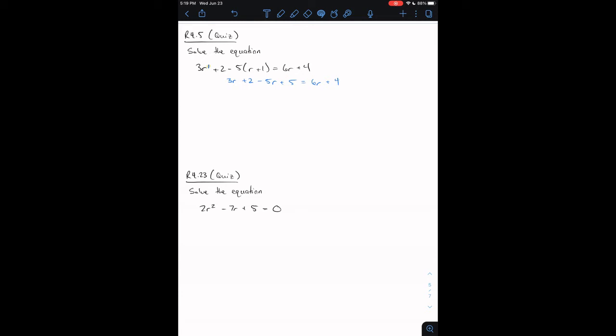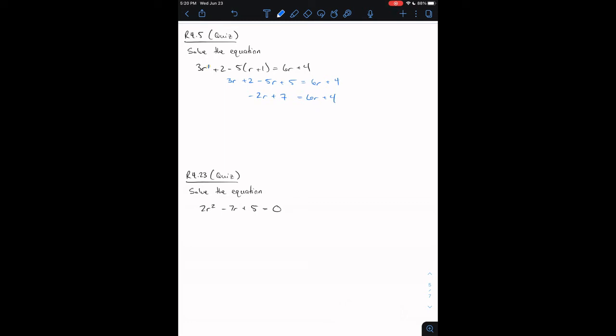So now I have two r's on the right side, and I can collect those together. That's what's called adding like terms. How I do that is I just add the coefficients, which are the numbers in front of them. On the left side, I'm also going to add the 2 and the 5. So I have negative 2r plus 7 equals 6r plus 4.